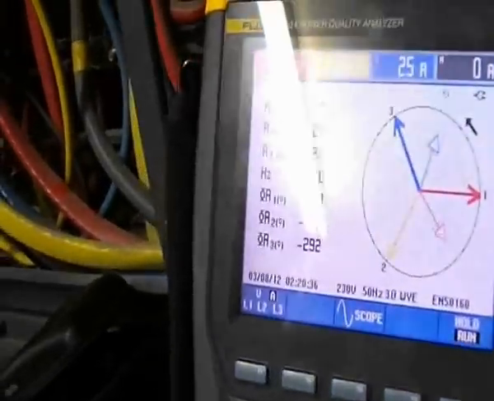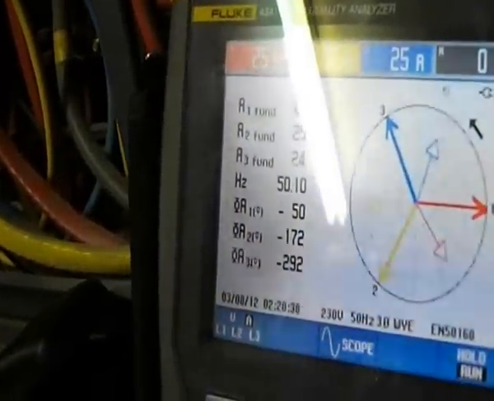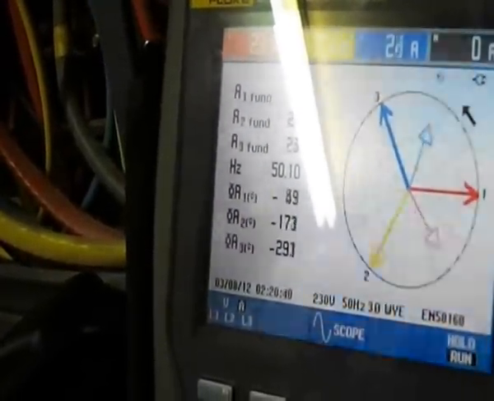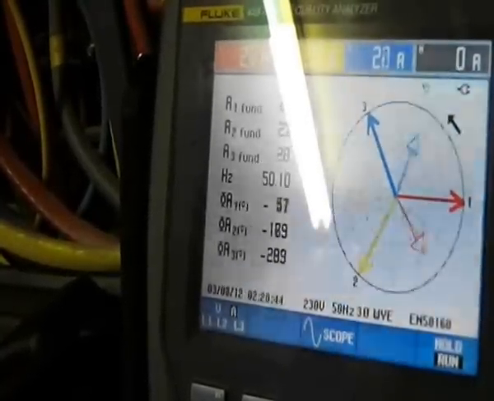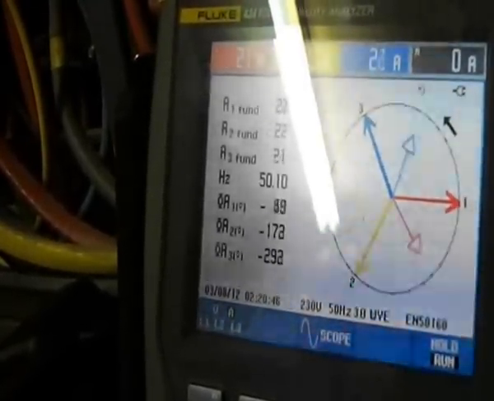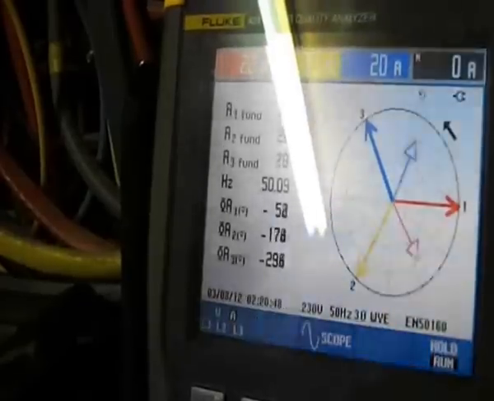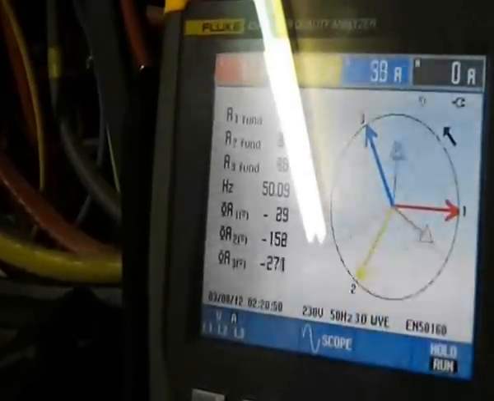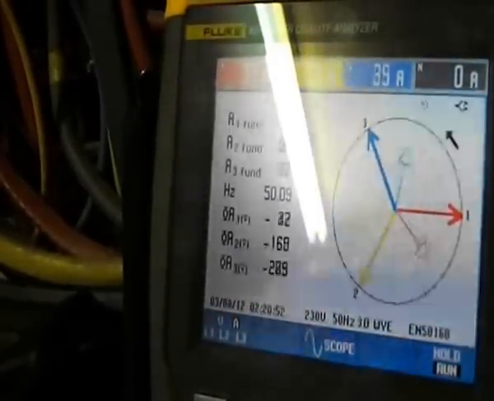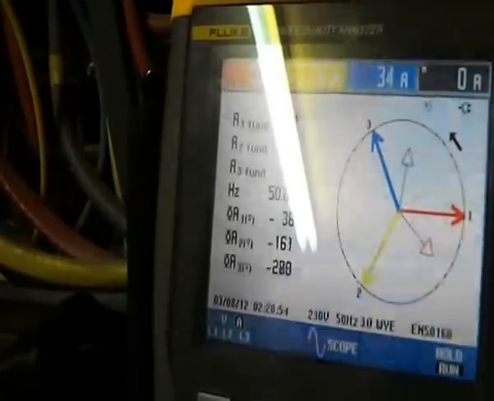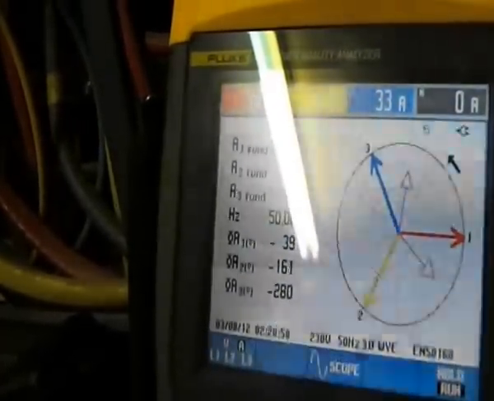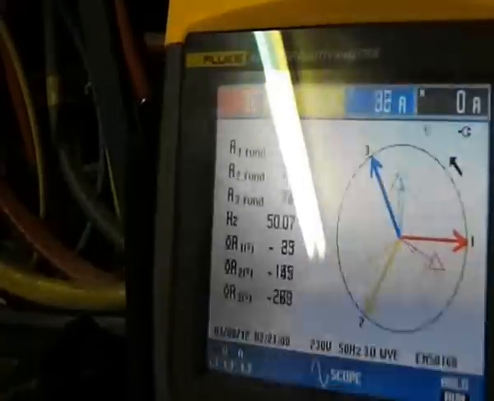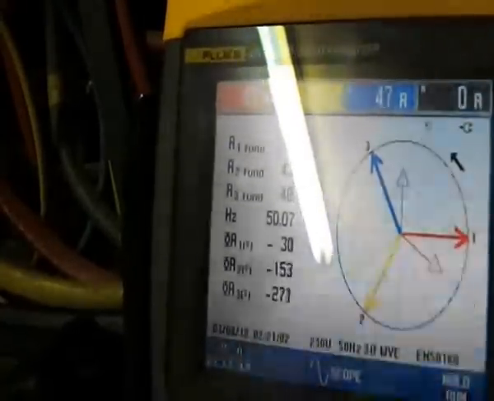What the analyzer is now displaying is the phasor diagram of current against voltage, and as can be seen in the fluctuations, in each case the current is lagging behind the voltage, but the angle of lag is continually variable depending upon the demand being made on machines at any particular time.